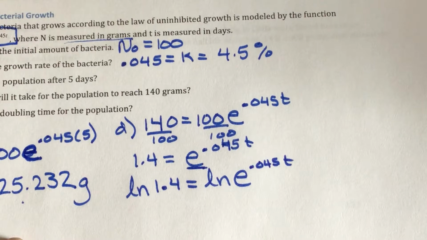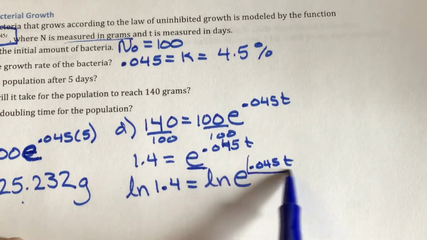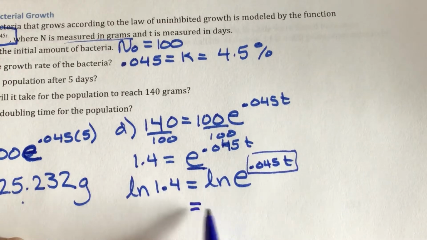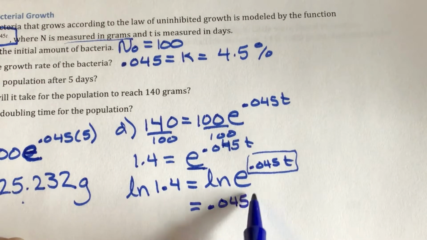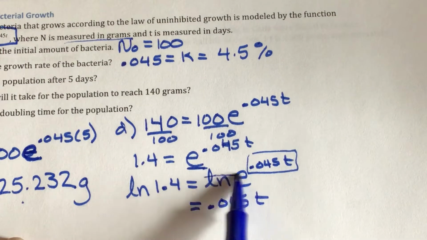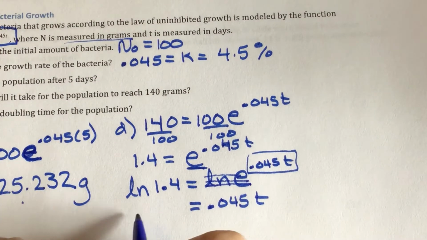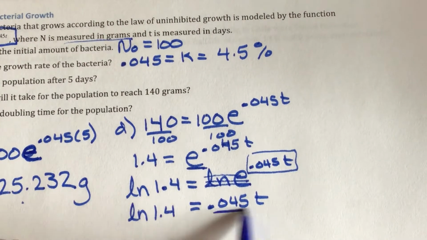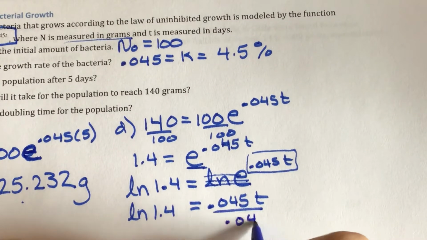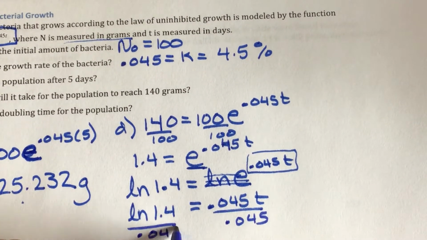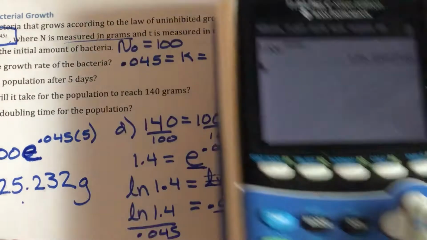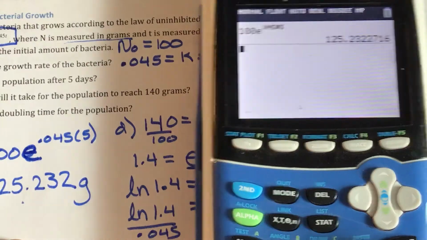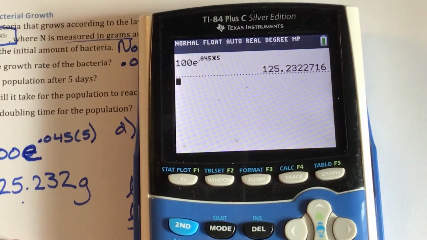So I natural log both sides, and remember the property, I can take this 0.045, bring it out in front, 0.045t, and the ln of e just cancels. So I have ln of 1.4 equals 0.045t. Undo the multiplication, divide both sides by 0.045, and t will be ln of 1.4, close the parentheses, divided by 0.045.